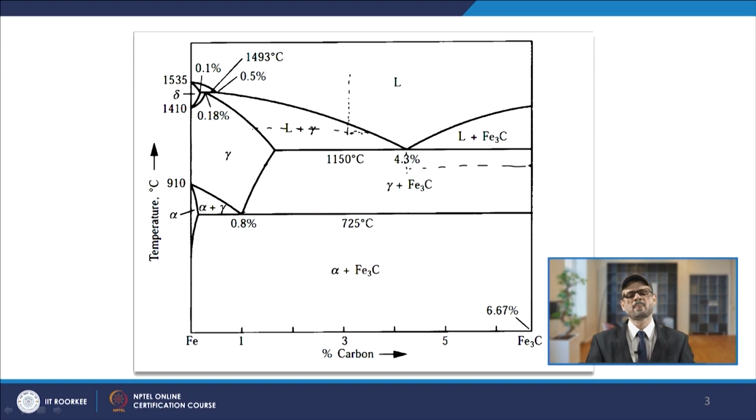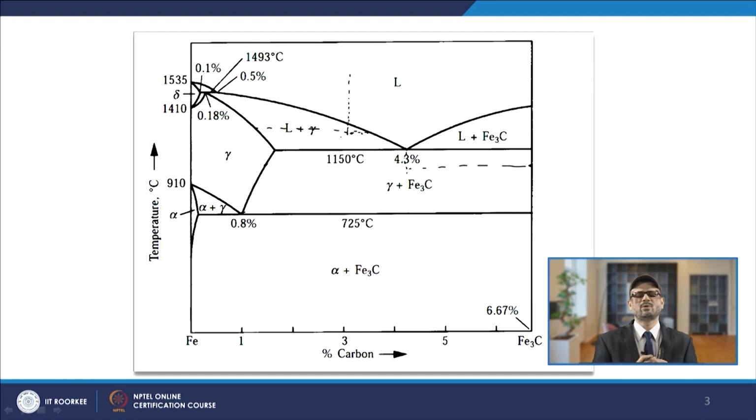So, ultimately at this point the liquid will have the composition of 4.3%, and then this liquid will convert to gamma plus Fe3C, that is also known as ledeburite. So, you will get that, and before that you will have the pro-eutectic austenite which is formed.